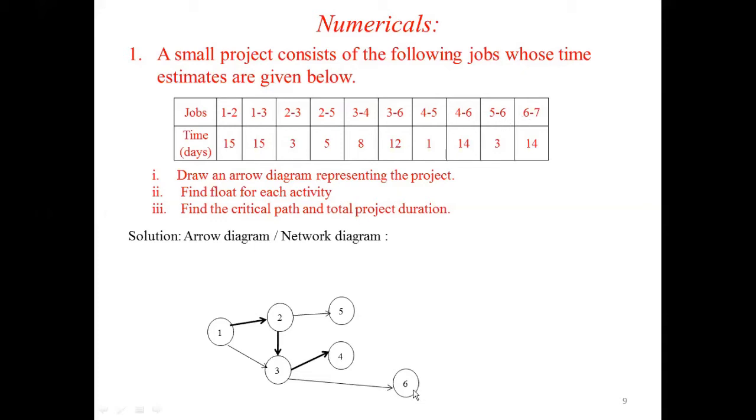And 5 is at this place. Then the next activity, 4 to 5, you have to show an arrow marker from 4 to 5.